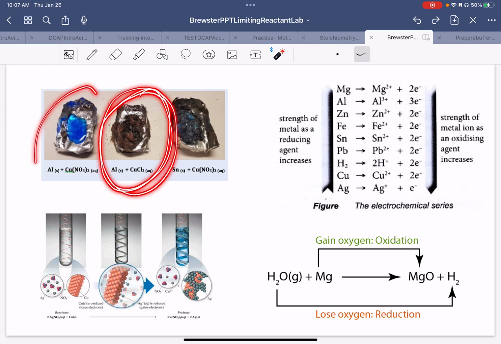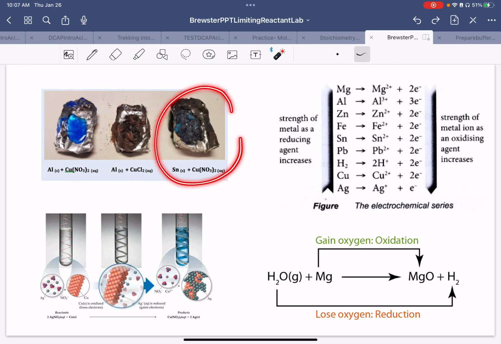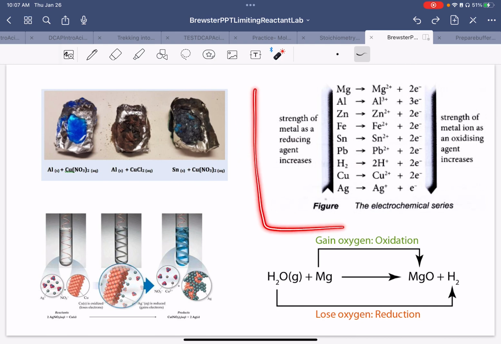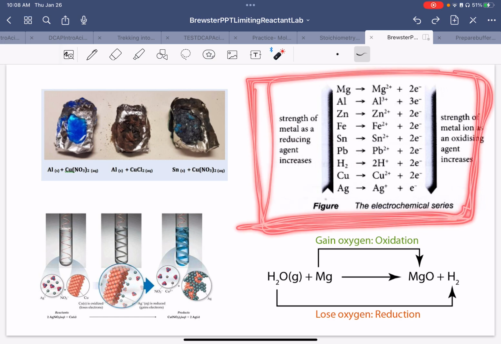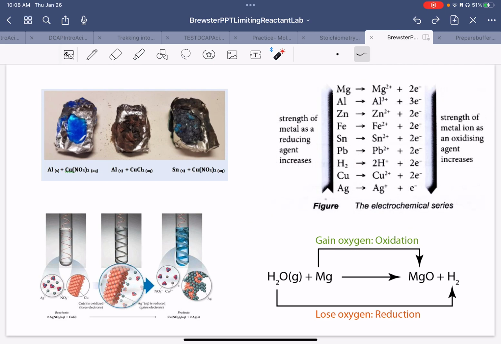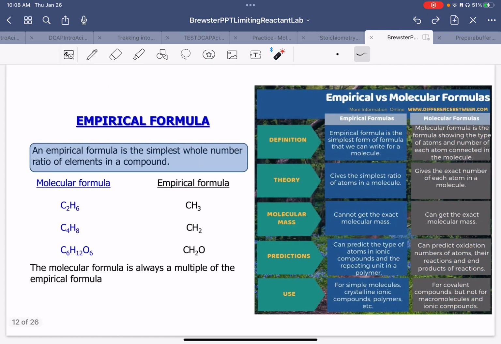I've not had you do aluminum and copper nitrate or tin and copper nitrate. This is pointing out that the reaction we're seeing is based on the strength of the metal you're working with. Based on where your metal is on this chart will determine how active it is in different situations. So food for thought.